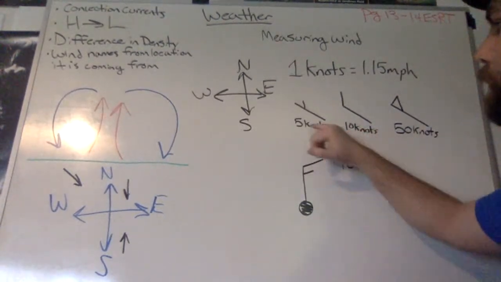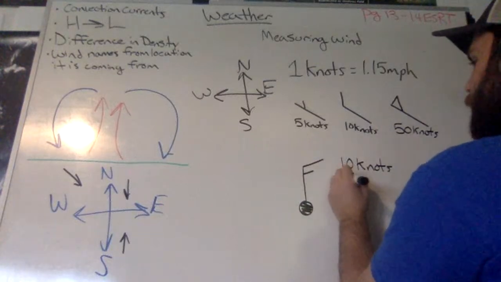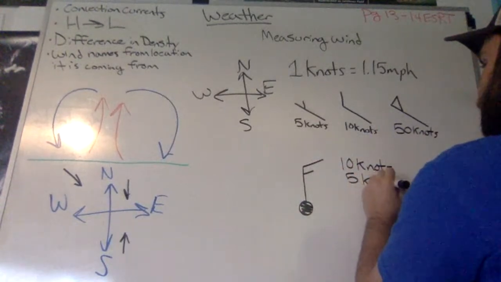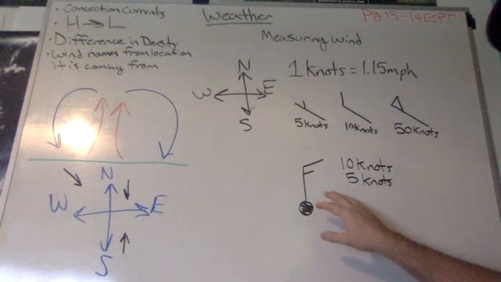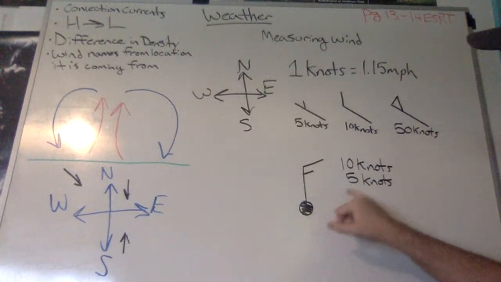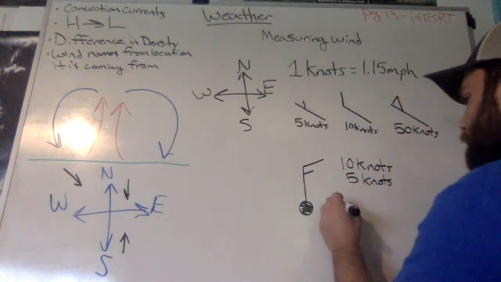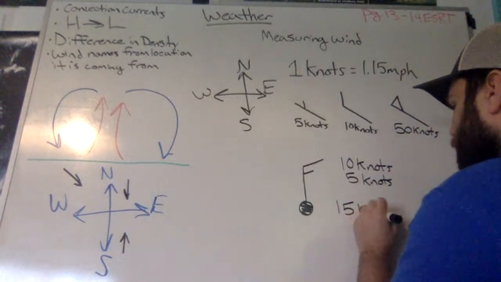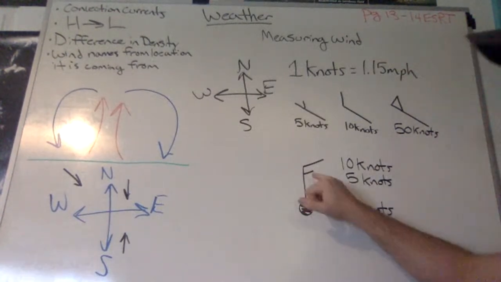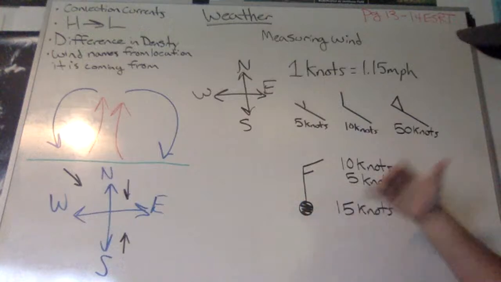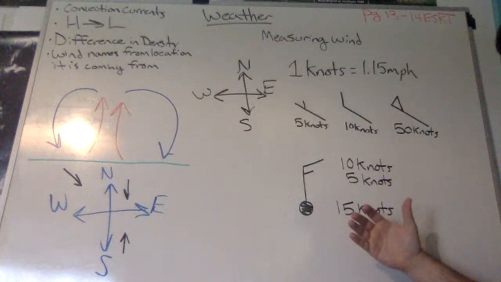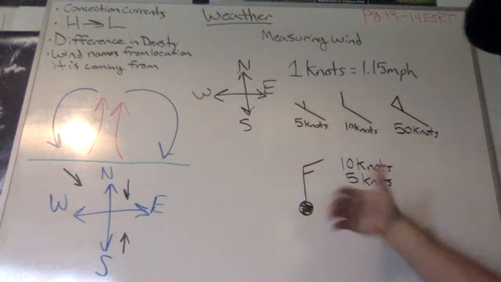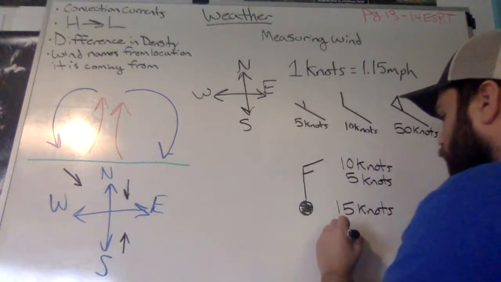And now you have a short one, so now you have 5 knots. So if you're looking at this station, you're going to see 10 plus 5, so you have 15 knots. And if I ask you which direction it's going, or what kind of wind it is, you're going to say it's a north wind.